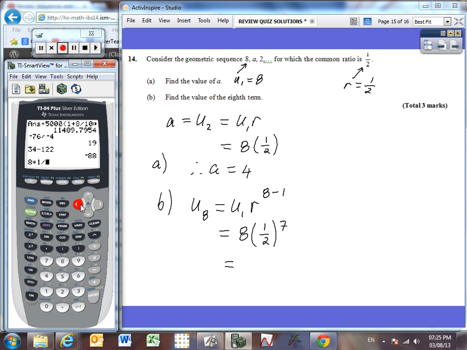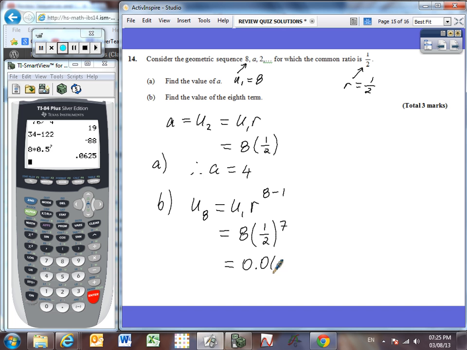I'm going to be careful here because I'm afraid something's going to go wrong. So let's do 8 times 0.5 raised to the power of 7. Gives you an answer of 0.0625, which is already to 3 significant figures.